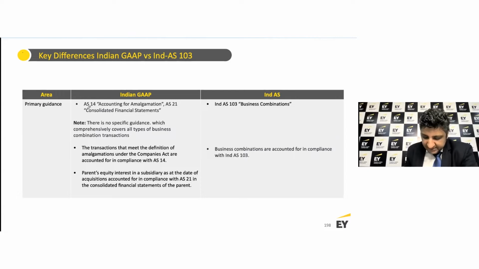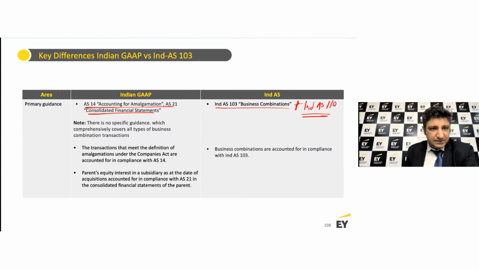There were two key standards which dealt with the guidance for business acquisition, which is AS 14, accounting for amalgamation, as well as AS 21, which is consolidated financial statements. Now we have, of course, Ind AS 103, along with Ind AS 110, which is consolidated financial statements as well.